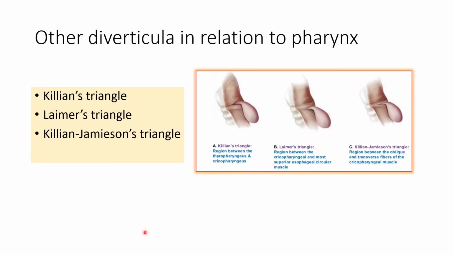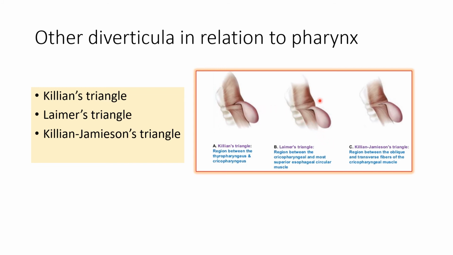There are other diverticula also seen in relation to the pharynx. They are seen in relation with the Killian's triangle, Lamier's triangle, and Killian-Jamieson's triangle. The Killian's triangle is the region between the thyropharyngeus and cricopharyngeus muscles, which we have discussed as the Zenker's diverticulum.